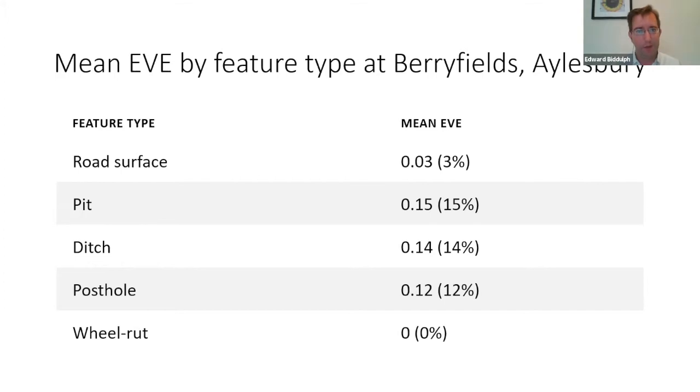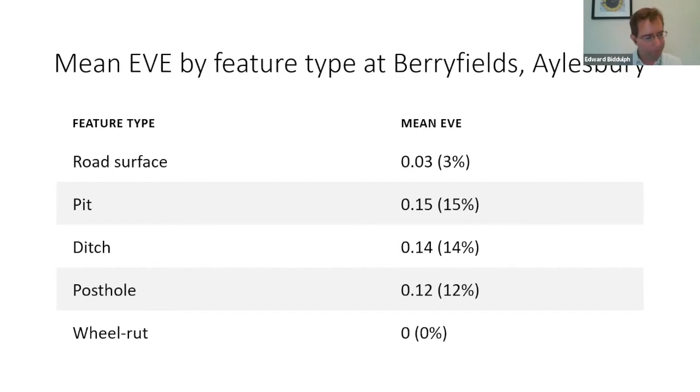The mean EVE is only 3%, whereas pits and ditches and actually post holes are perhaps better preserved than the mean sherd weight initially suggested, at 15% and 14%, the average EVE. You can see this wheel rut is still very fragmented, at 0%. So it just really was crumbs with no surviving rim.